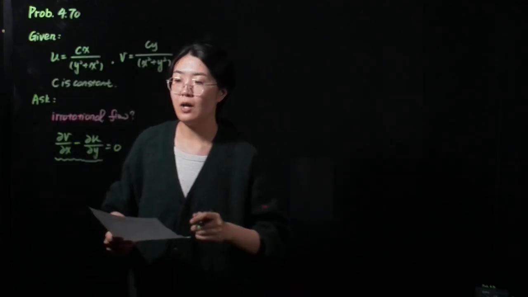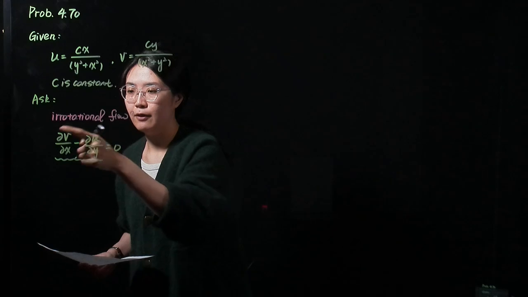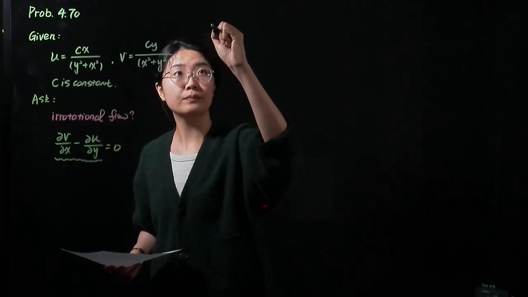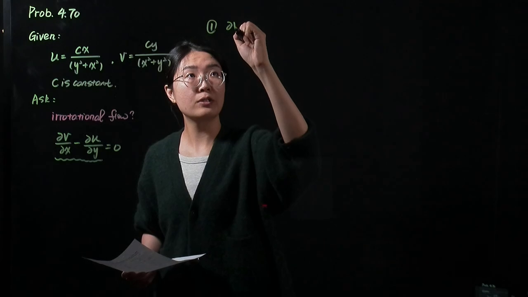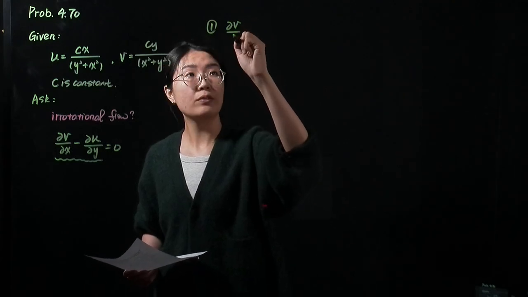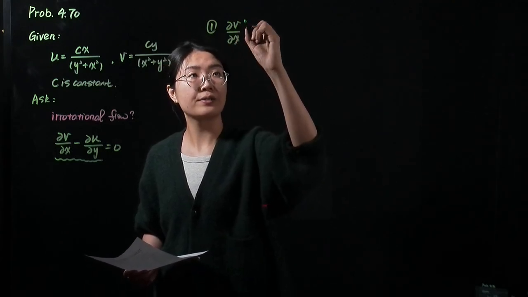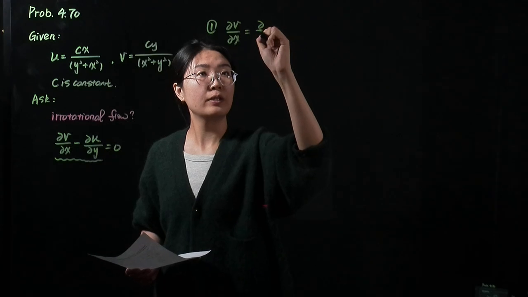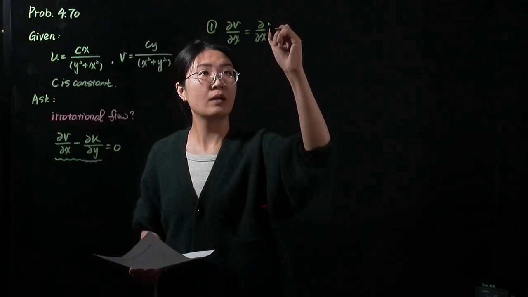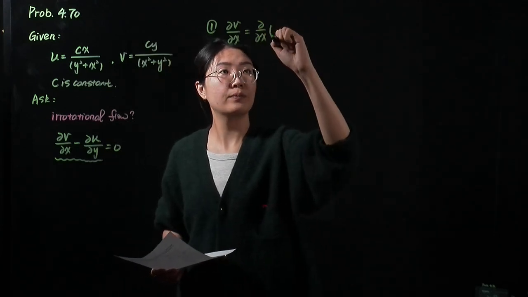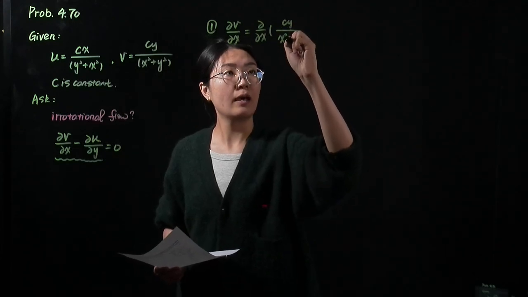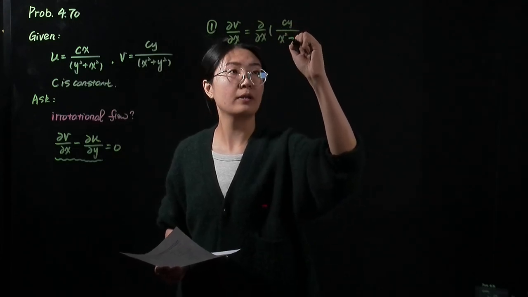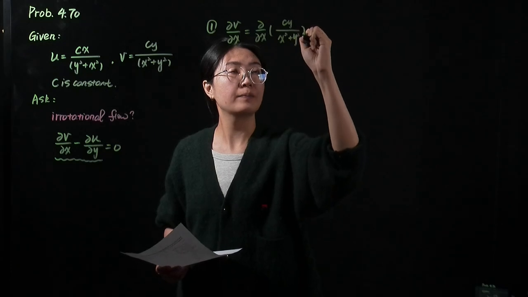To solve this problem, first let's calculate the first part, which is the partial derivative of v with respect to x. We know v equals cy over x squared plus y squared.